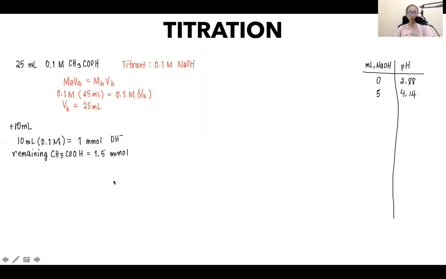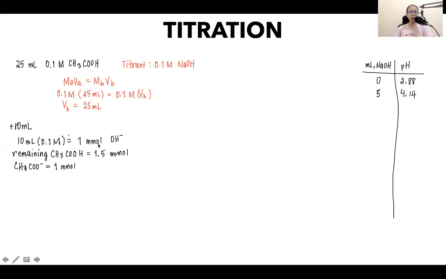Again, the reaction produces acetate. And we know that the amount of acetate produced is equivalent to the amount of base added to the solution. You have seen that in the table previously shown. So we know that we have 1 millimole of acetate.